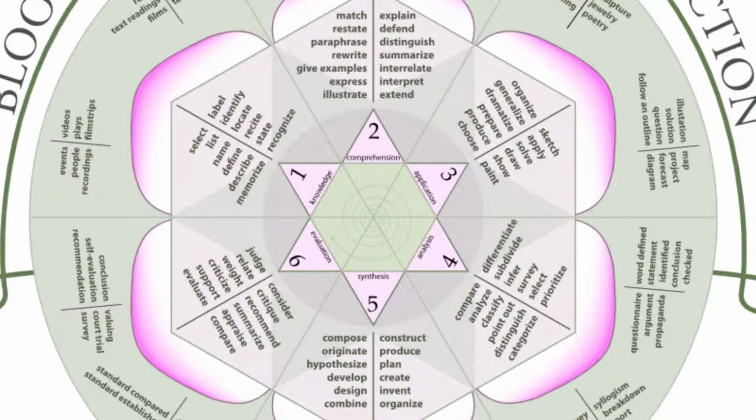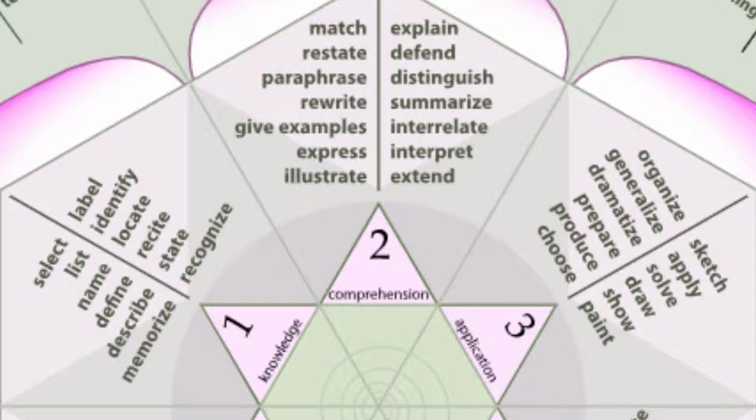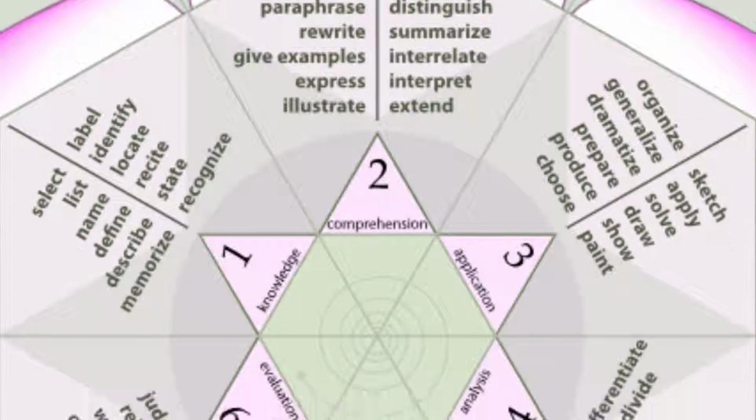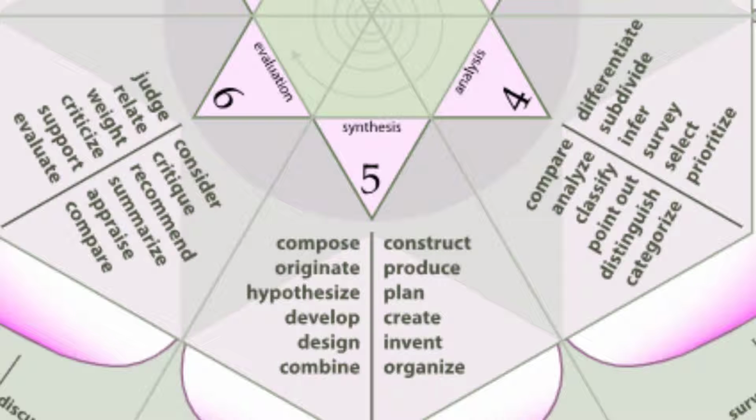I'm going to zoom in a little bit now on the knowledge. What kind of activities would you have for knowledge? You would have select, list, name, and so on and so forth. For comprehension, you have match, restate, paraphrase. For application, organize, generalize. For analysis, compare, analyze, classify, and so on.